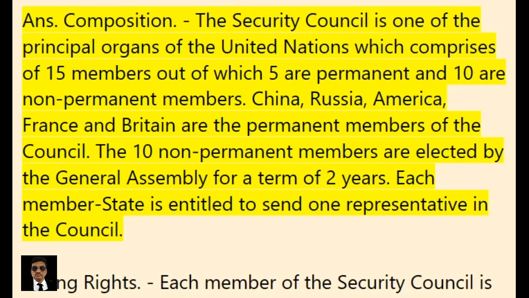China, Russia, America, France and Britain are the permanent members of the Council. The 10 non-permanent members are elected by the General Assembly for a term of 2 years. Each member state is entitled to send one representative in the Council.